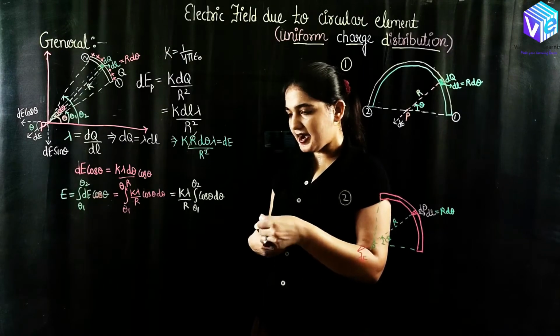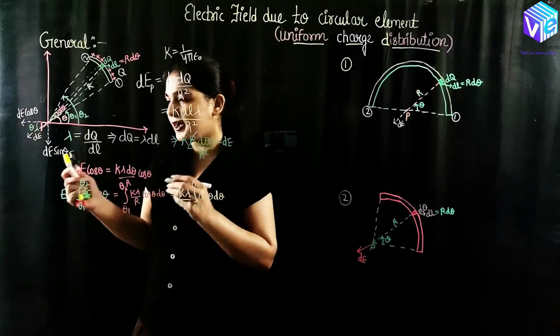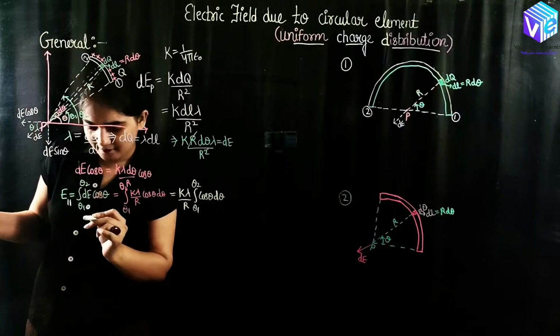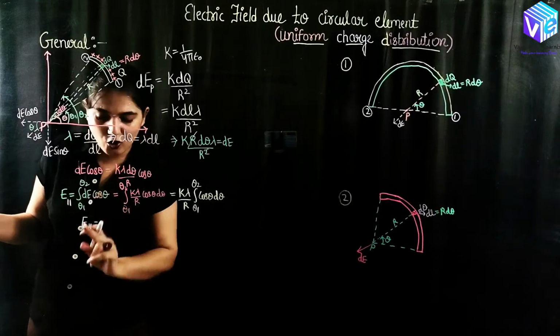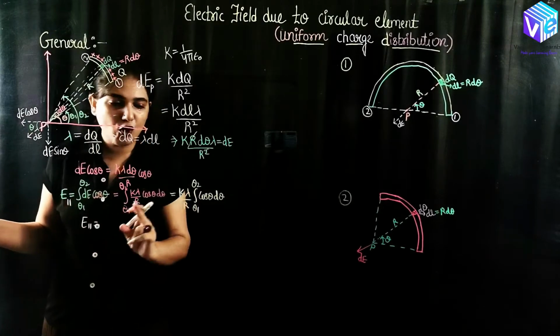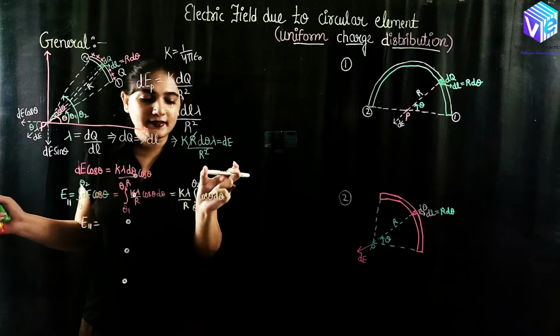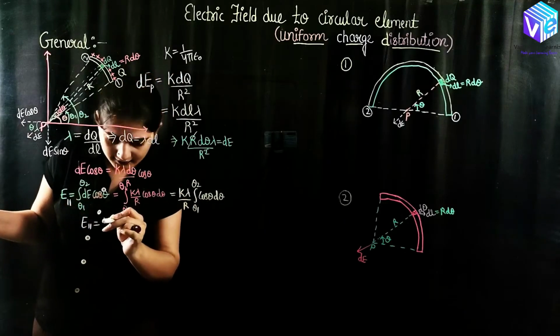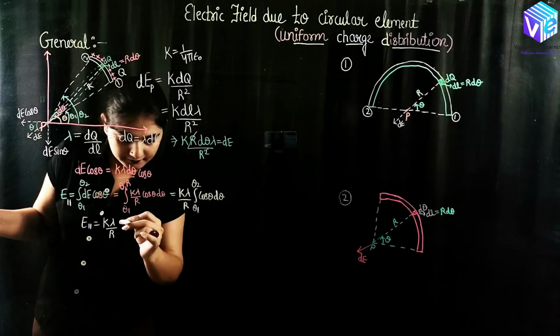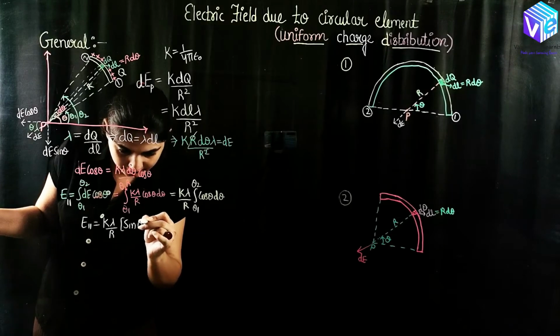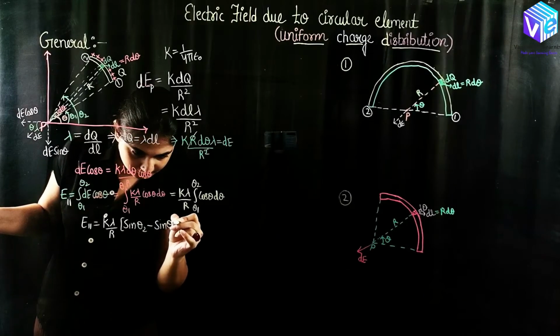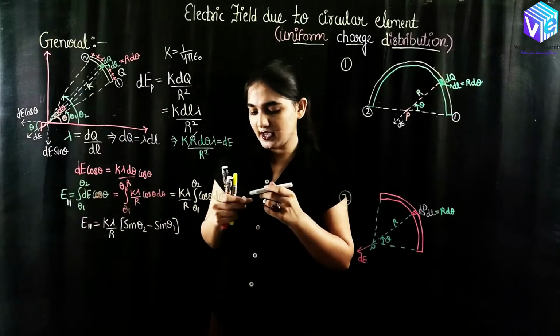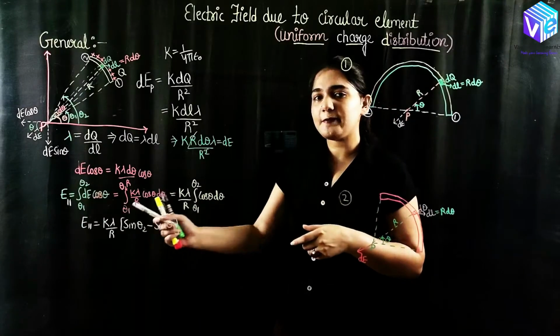So at the end I will be finding out the parallel component of E. The parallel component of E will be this integration. Okay, so this is how I will be finding out E parallel.